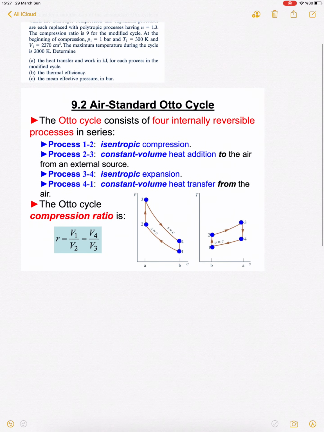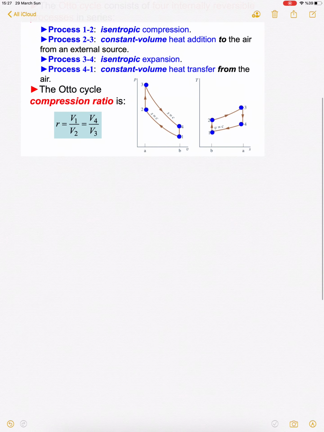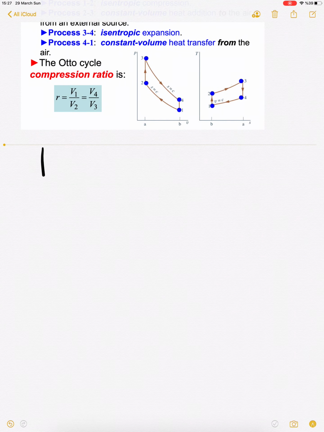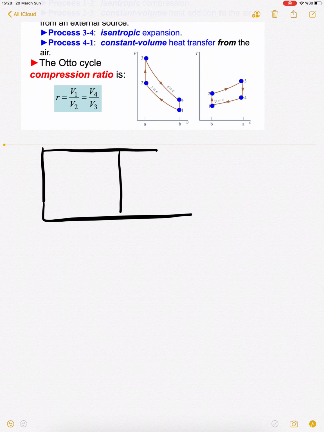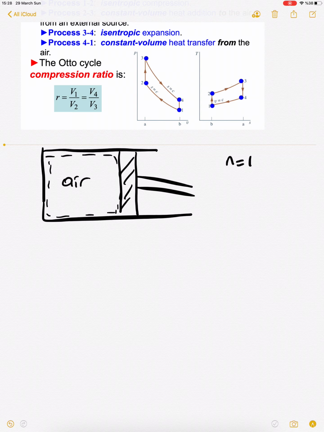So what we have is air in an enclosed system. As you see here, we have air. This is the piston in cylinder, so this is our piston, and here we have air in our control volume. So air goes through several processes, and both compression and expansion are polytropic with n equal to 1.3.